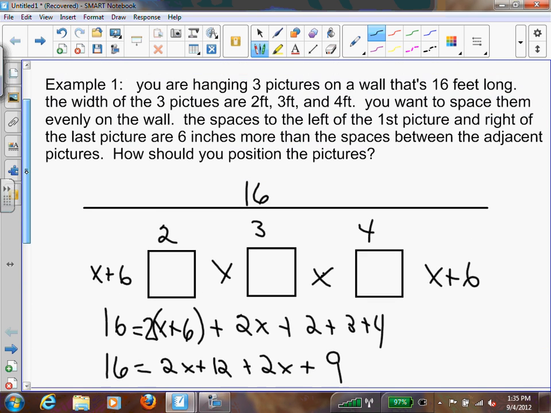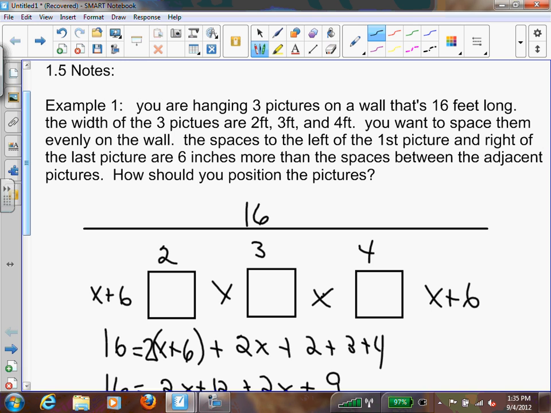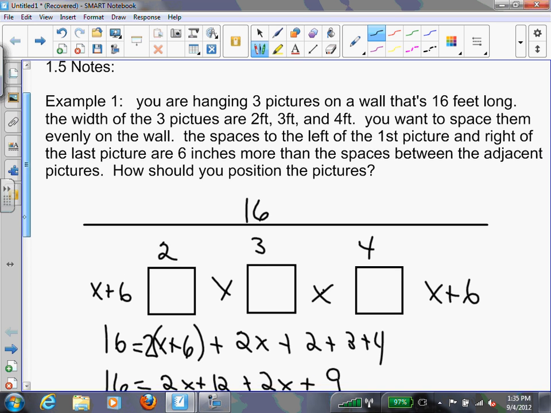Let's do this one again. So read it again. Where's the mistake? Well, there are 6 more inches on both sides. They're all the same.